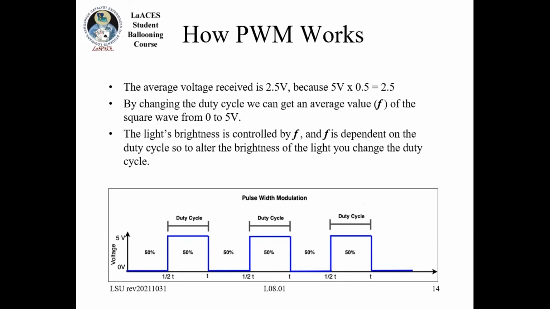So what that means is I can change what that average output value is by varying the fraction of the time that I have it on, right? And that gives me a variable output all the way from 0 to 5 volts, because I can turn it on in varying amounts.